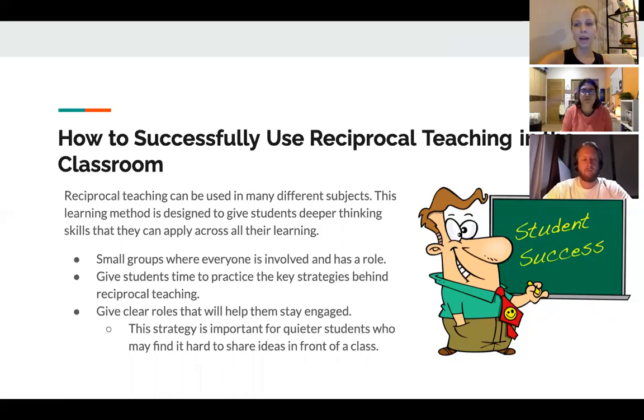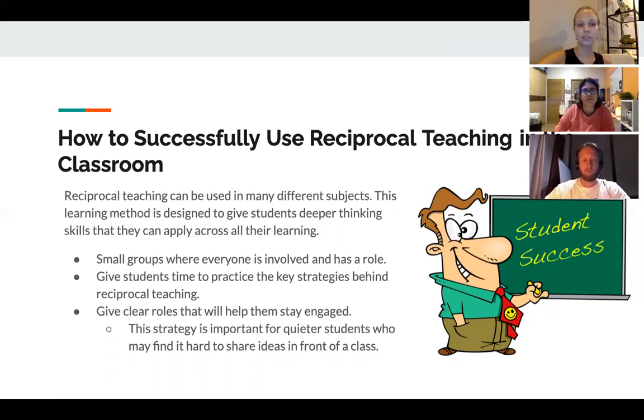When they've had enough practice, you can switch the roles around so that everyone gets a chance to try them out, but you want even the quieter students who might find it hard to share ideas and thoughts and answers in front of an entire class to feel comfortable with their group, so that everyone's engaged and really trying to play their role.